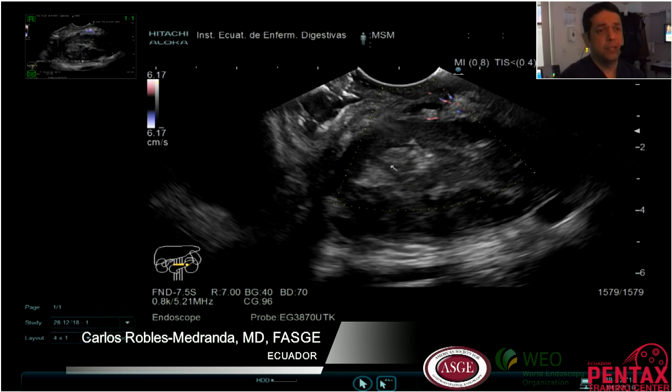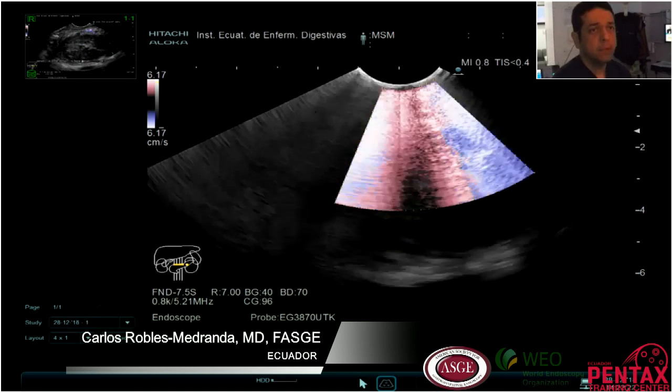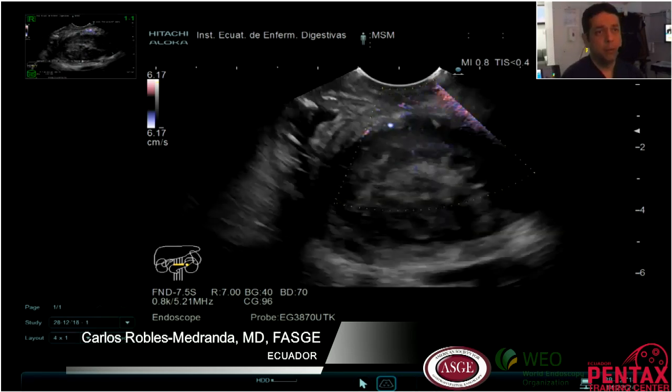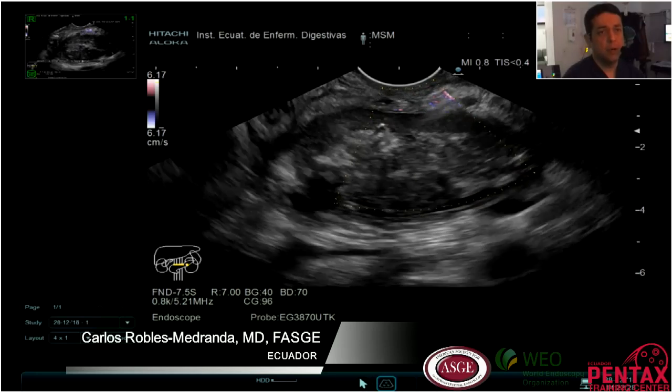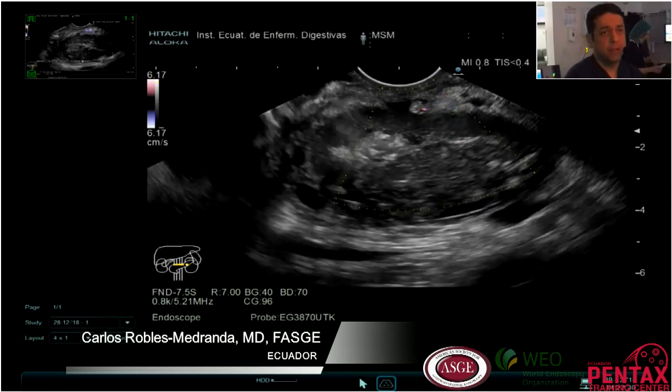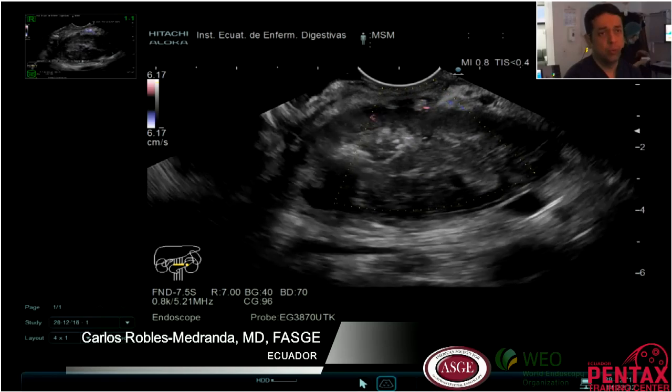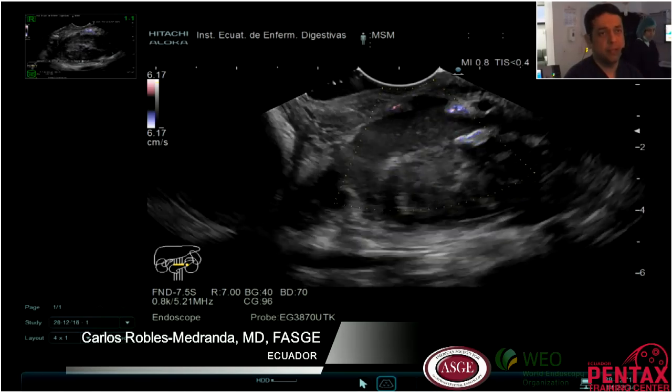And this is a very well-defined pseudocyst with wall of necrosis inside. And this patient also has a gallbladder with stones, and this probably was the cause of the two crises of acute pancreatitis.